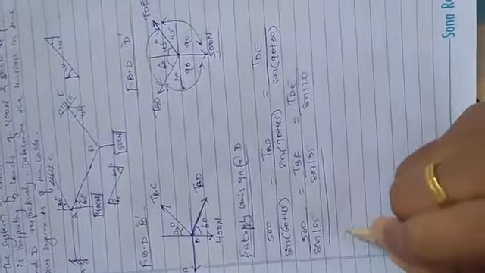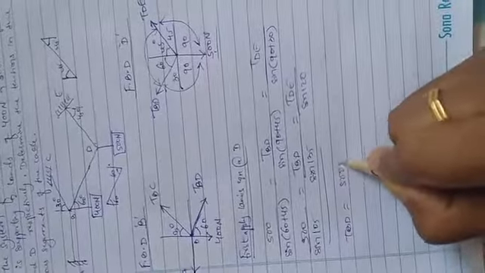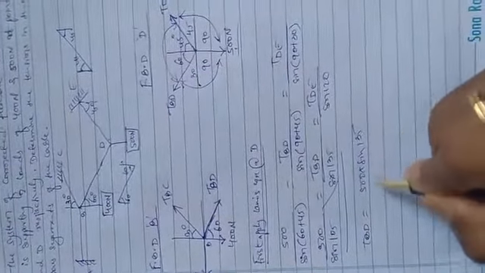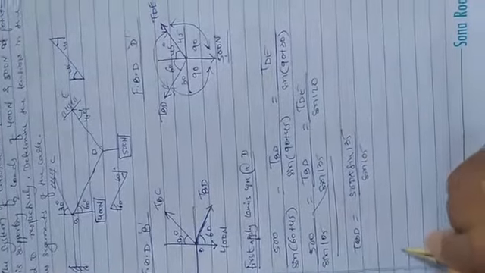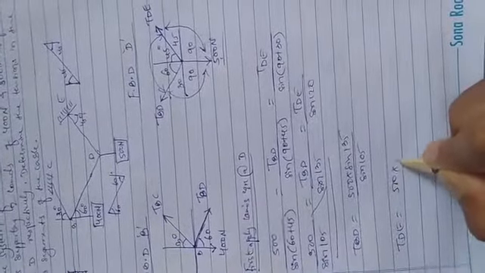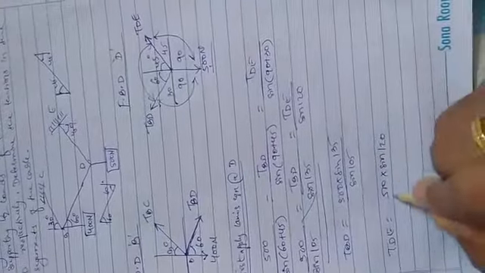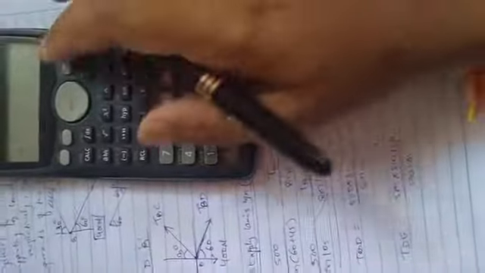Consider the first two, we will get TBD. I will write directly 500 into, just cross multiply, sine 135 divided by sine 105, and TDE is equal to 500 sine 120 divided by sine 105. I will make use of a calculator.